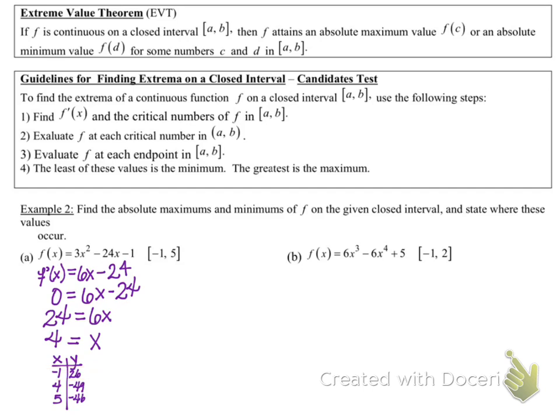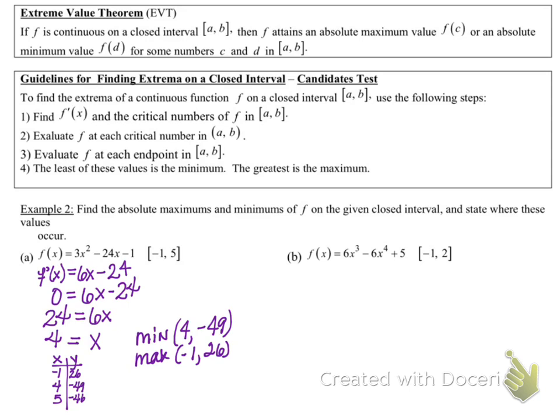It does not say justify, so we can simply write that down, that our minimum occurs at 4, -49, and our maximum occurs at -1, 26.